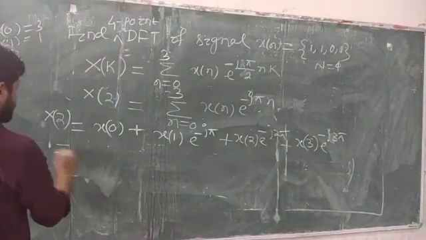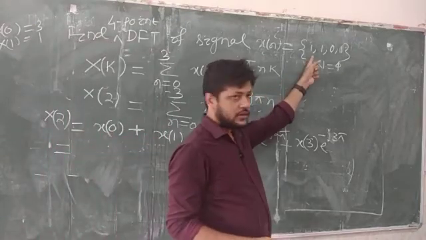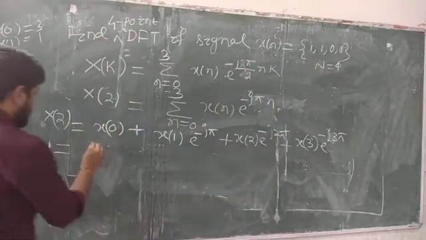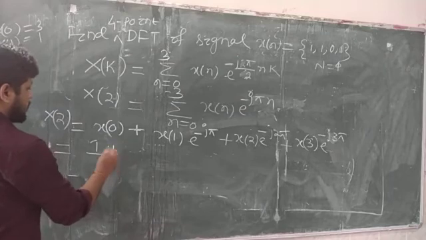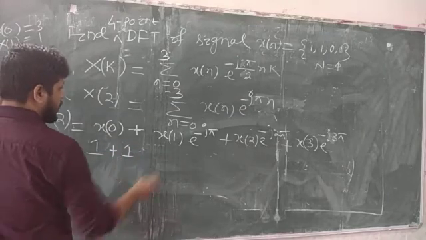So then you have to put the value of x of 0. How to find x of 0? Because this is the starting point. So x of 0 value is 1. X of 0 value is 1 plus x of 1 value is 1 into e to the power minus j pi.